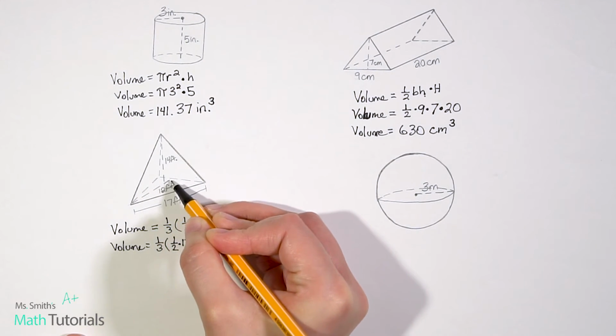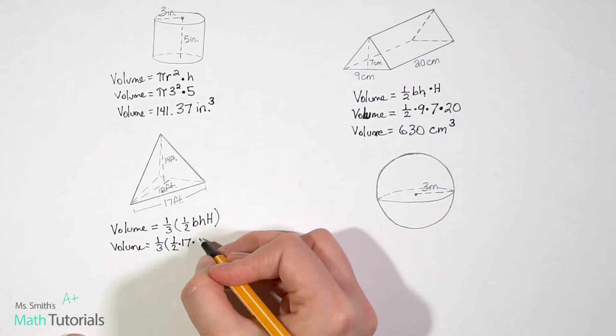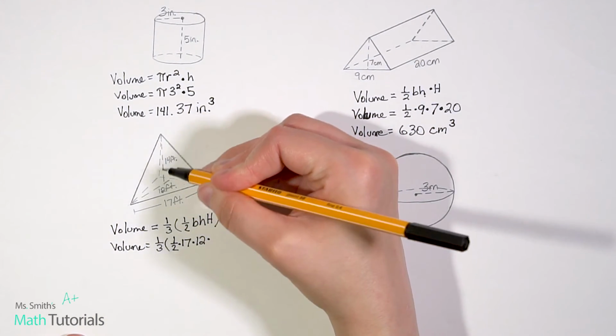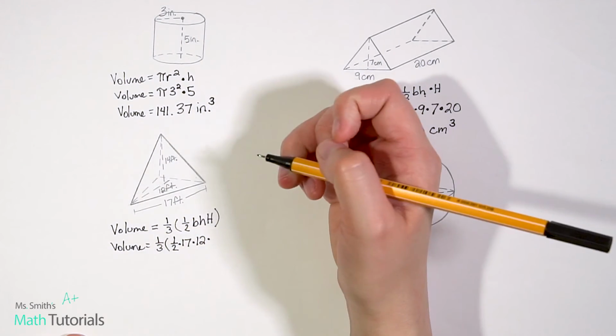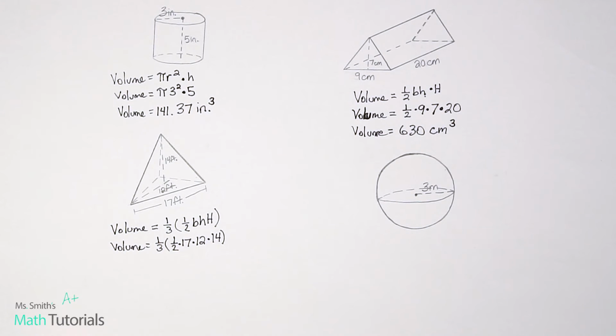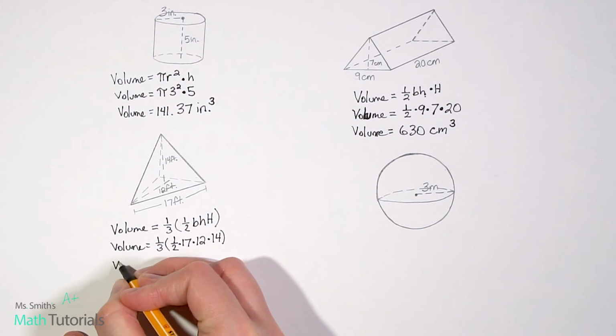So in this case, it's this height down here, which would be 12, times the big height, how tall is the actual pyramid, 14 feet. So again, some people would prefer to write this as 1/6 times these things. It's totally up to you.